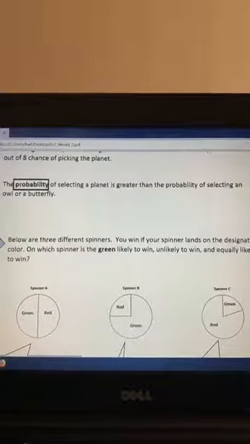So once again, we are labeling each spinner.